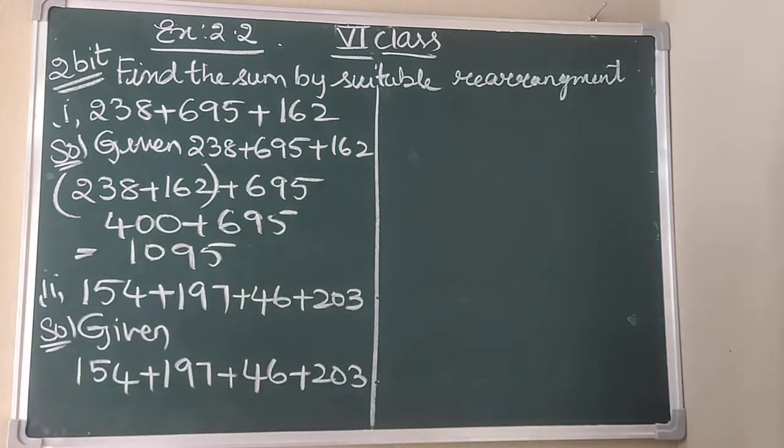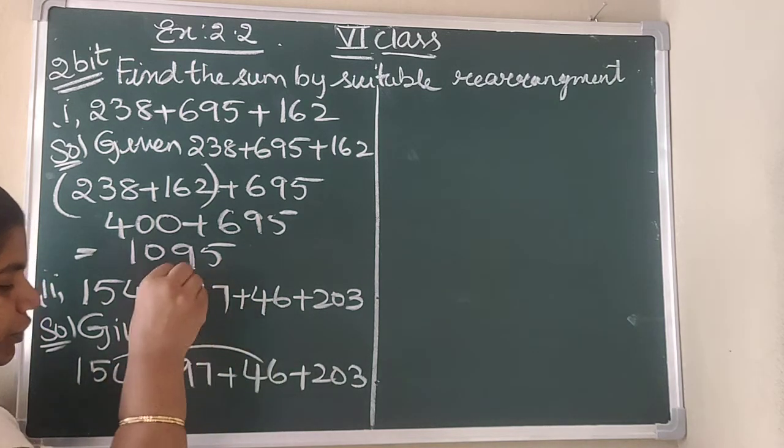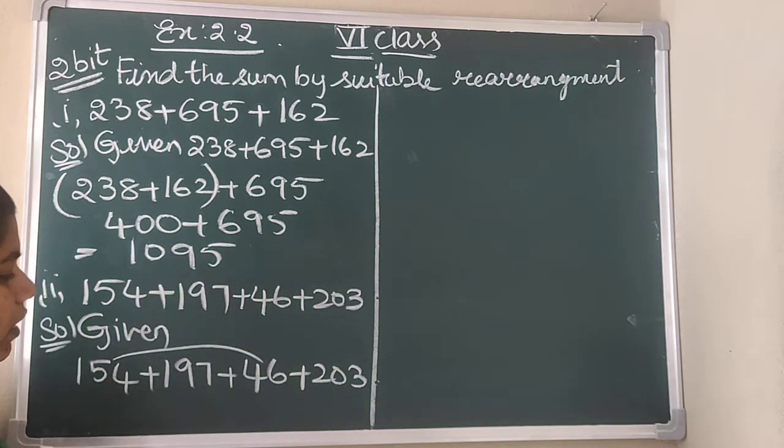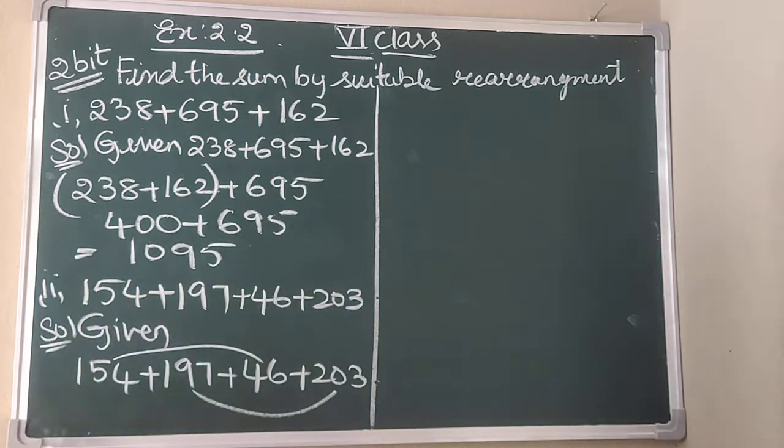How to rearrange? If you add any units place, that should become 0. So 154 plus 46 we can take together, and 197 plus 203 also we can take together. 4 plus 6 will be 10, and 7 plus 3 will also be equal to 10. In such a way we can rearrange the terms.